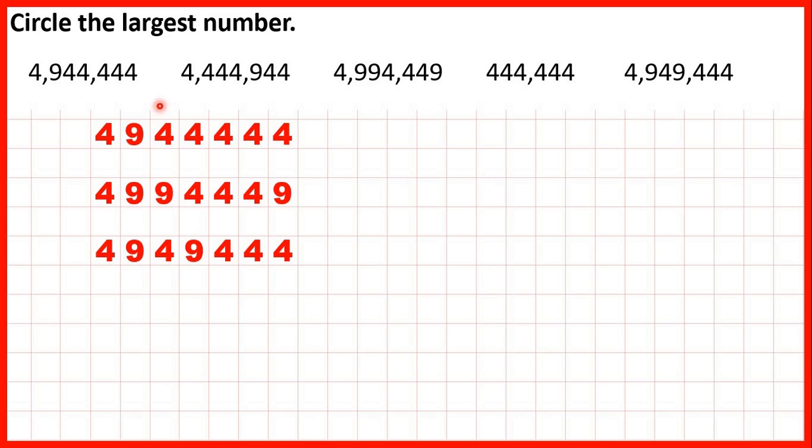So we need to move across again and look at our 10,000s digits. We have 4, 9 and 4, so this number with 9 in the 10,000s will be our largest number. So that's 4,994,449.